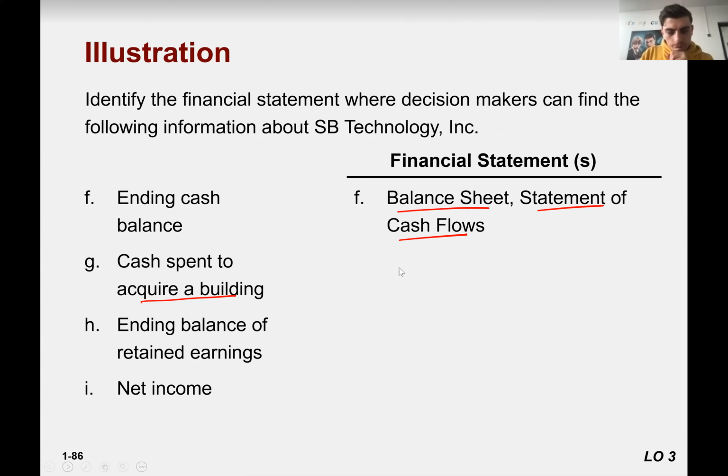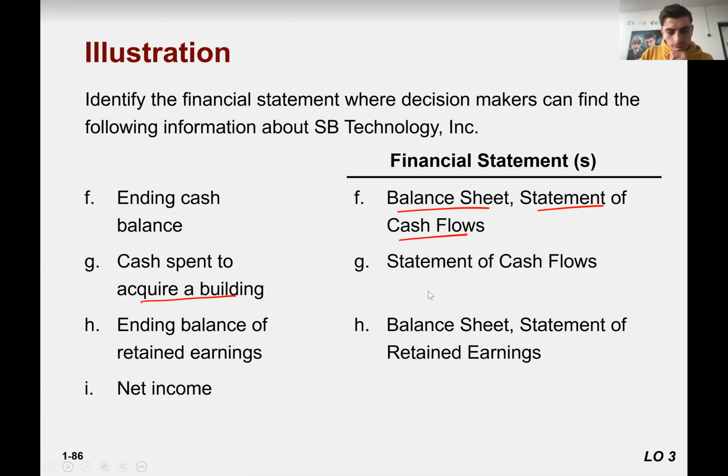It's an asset, so it's the balance sheet. Statement of cash flow and balance sheet as well. You're right. Since it's cash spent, you can also use cash flow, but this is a balance sheet item as well, building for sure. Ending balance of retained earnings: the ending part of retained earnings is in the statement of retained earnings and balance sheet.